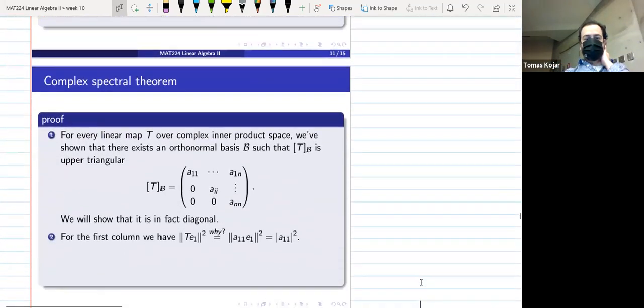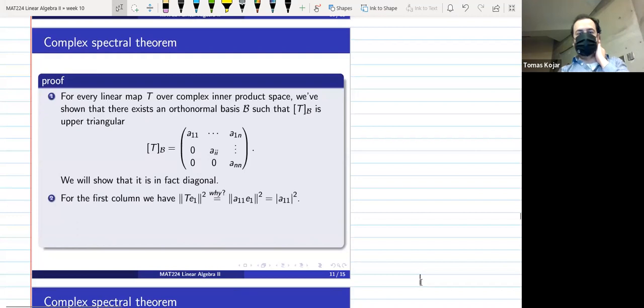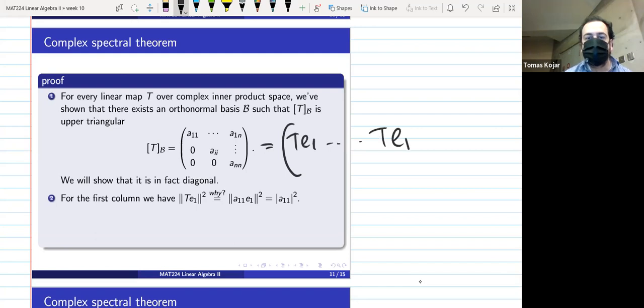All right. So we're going to use this isometry business. So that's why I need this eigenvalue stuff. Okay, let's do it step by step. If you stare at this matrix, the first column is TE1, and the last one is TEN.